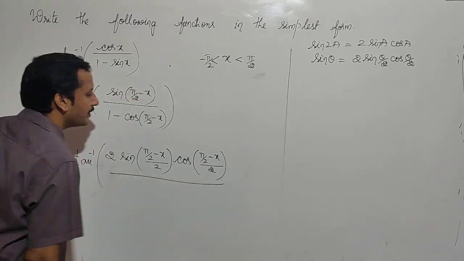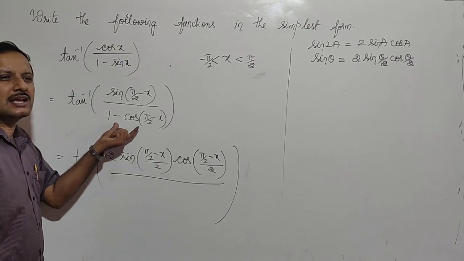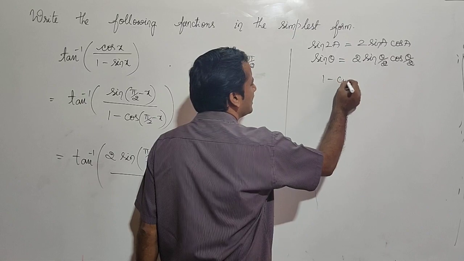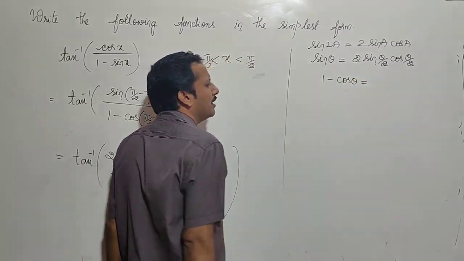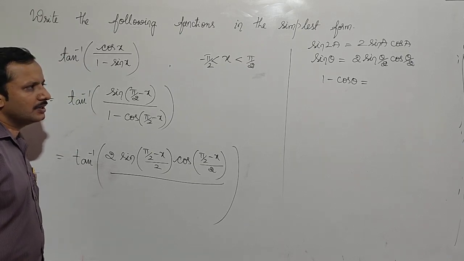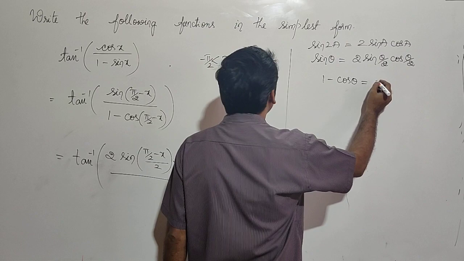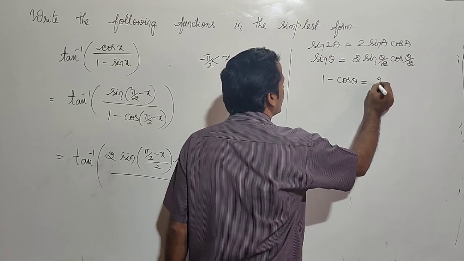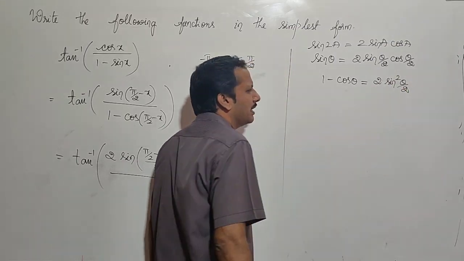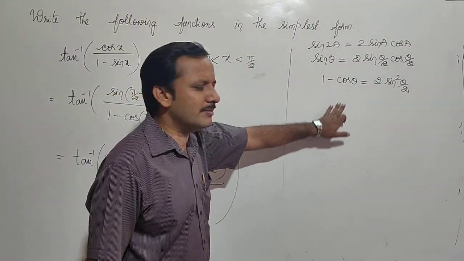Divided by, in the denominator we have, it looks like 1 minus cos theta. For 1 minus cos theta we have a formula. Do you know what is the formula for 1 minus cos theta? That is equal to 2 sin square theta by 2.